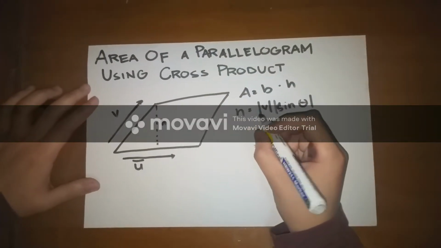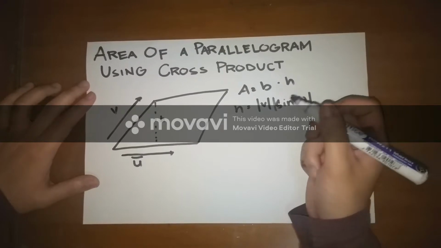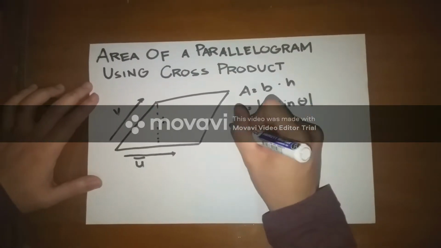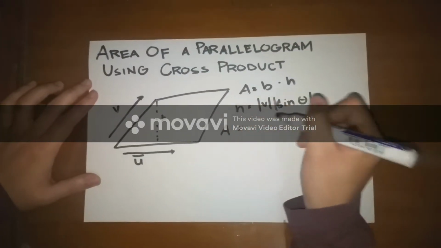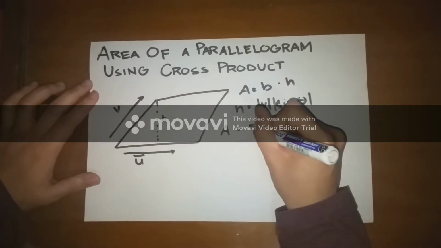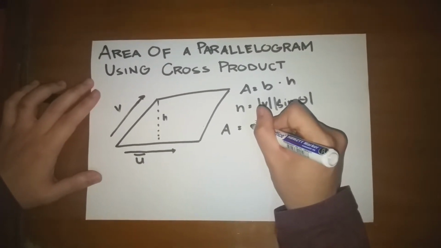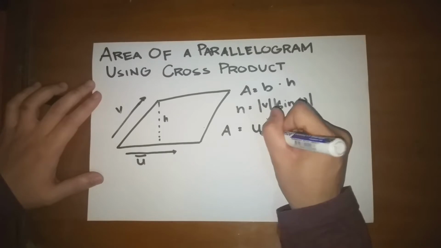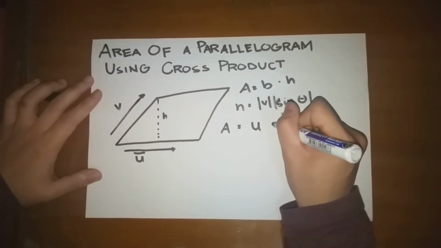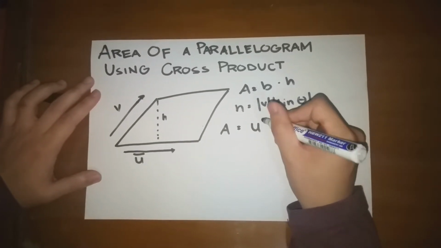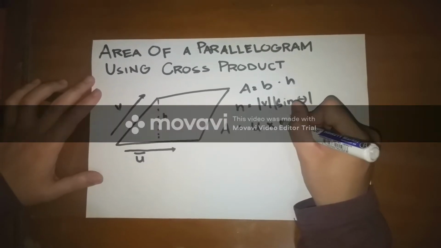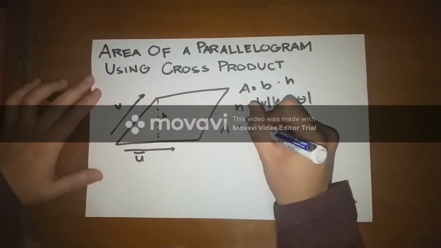So the area of a parallelogram can be written as the magnitude of the cross product of vector u and v.